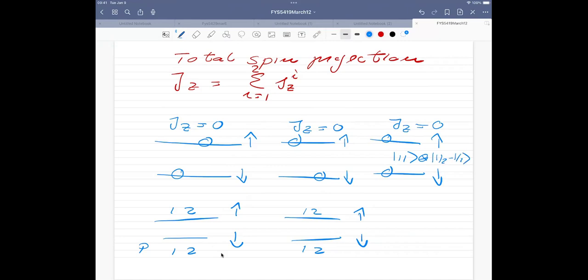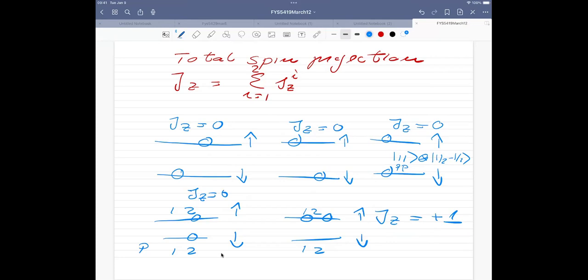So 1, 1, because this is P for particle 1 and P for particle 2. And you see now that we could have this case here as well, if you do the combinatorics. And that would also give us a J_z equal to 0, because we have a spin up and spin down. And then we have the final case, which is just these two guys here, which have a J_z equal to +1, because then both are in the upper case. So this is just combinatorics.